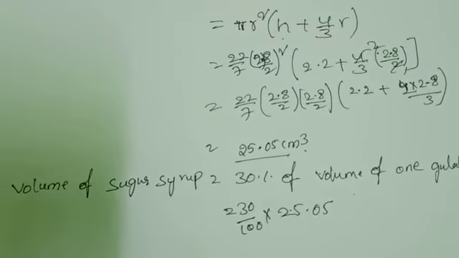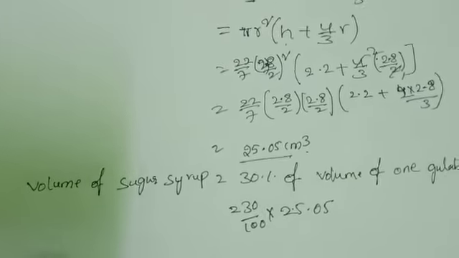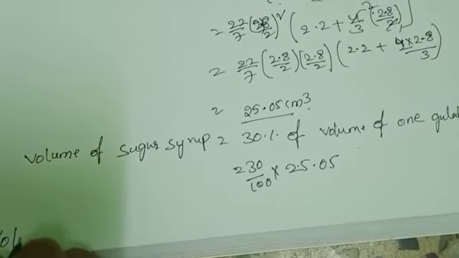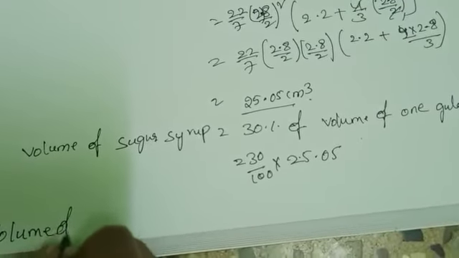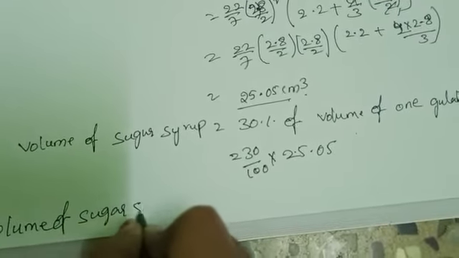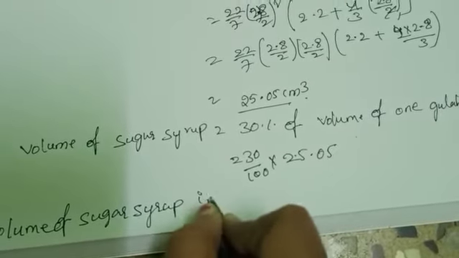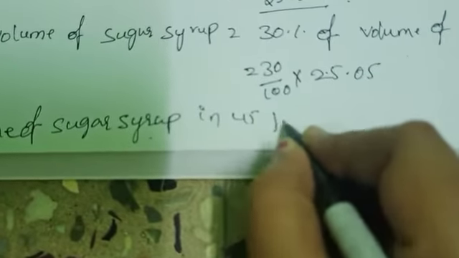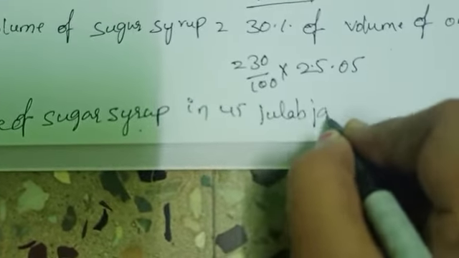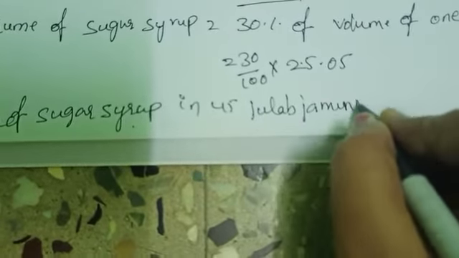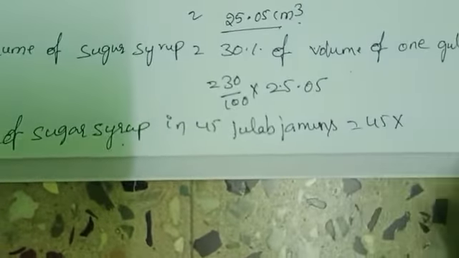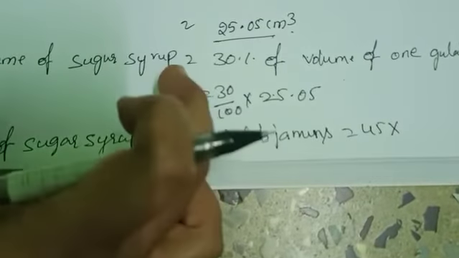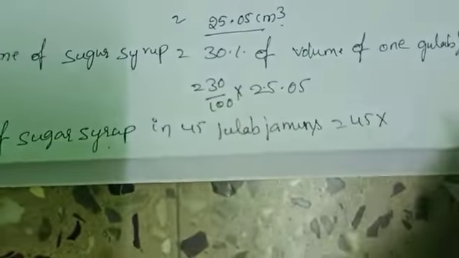We want the volume of sugar syrup in 45 gulab jamuns. Okay. Total volume of sugar syrup in 45 gulab jamuns equals 45 into the volume of sugar syrup in one gulab jamun.